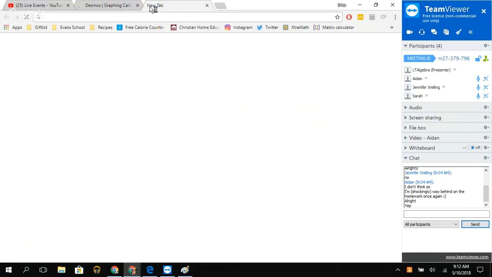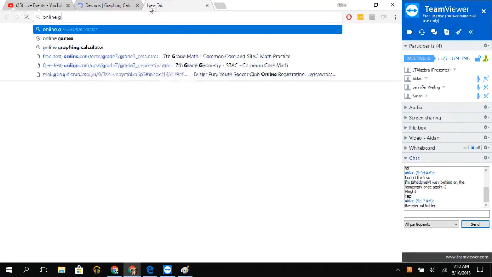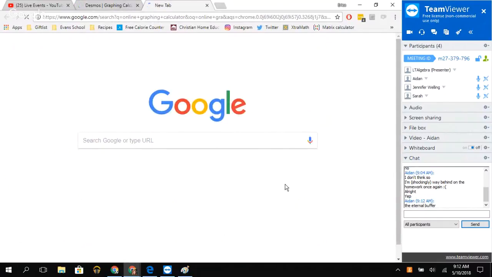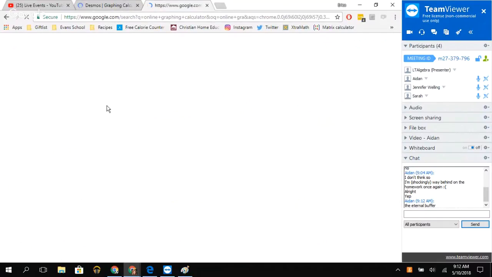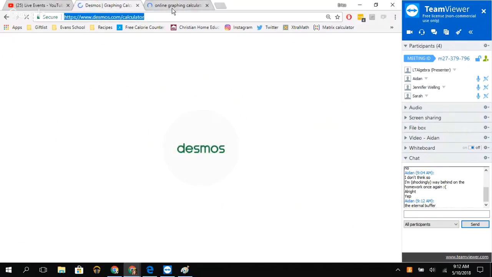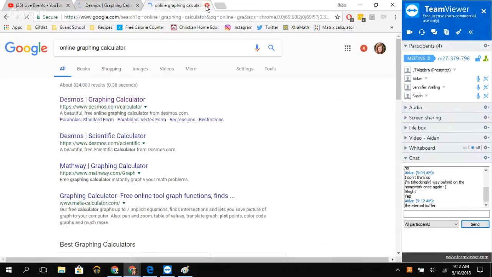Let's see, online graphing calculator. Let's figure out if it's Desmos or my computer. Oh yeah, I know Desmos. But Desmos is not behaving right now. I think it's my computer because look at it, it's just churning. I've stressed my computer out.